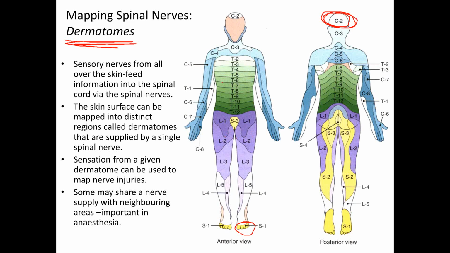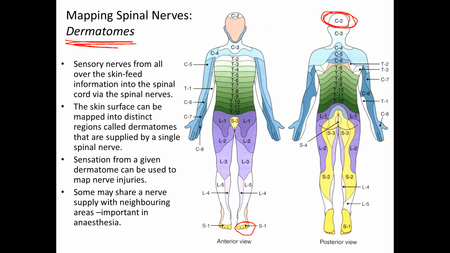So if somebody had damage to their spine or their spinal column, then you might expect some of these nerves to not function properly. Knowing which part of the body that they connect to is a good way of finding out which nerves are affected. So it's very easy to see what happens when, for instance, somebody has damage to their spinal cord.